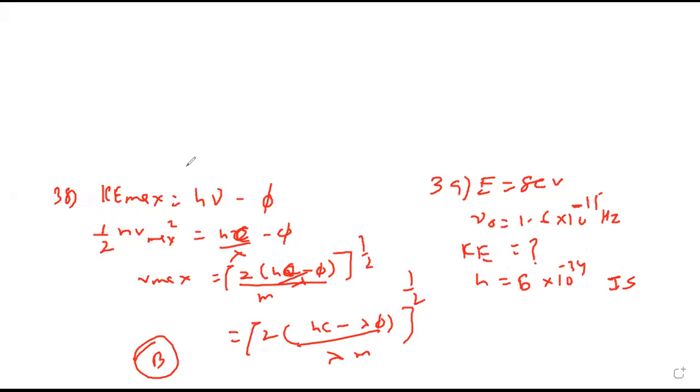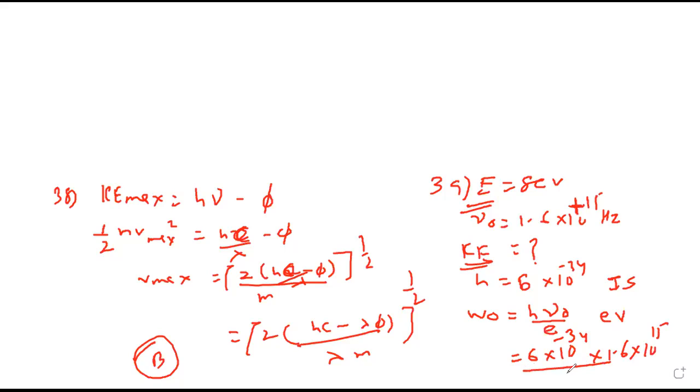If I get the answer of work function in electron volt, then energy incident minus work function is kinetic energy. So work function is H nu 0 upon E in electron volt. 6 into 10 raised to minus 34, this should be plus 15 actually, 1.6 into 10 raised to 15, upon 1.6 into 10 raised to minus 19.